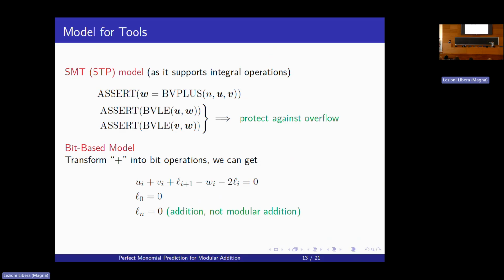You mean model the integer? Yeah, MILP, we can support integer additions so easily. But I think it's similar because you also need to transform the integer to bits for other operations. Okay, I see. Thank you very much. Thank you very much. Okay, so thank you, Kai.